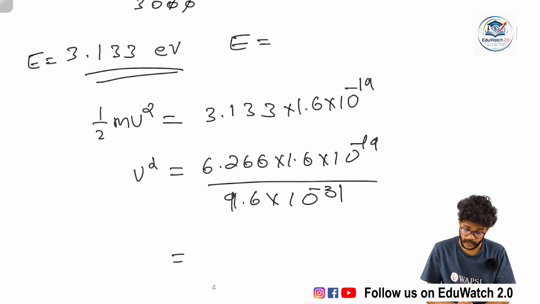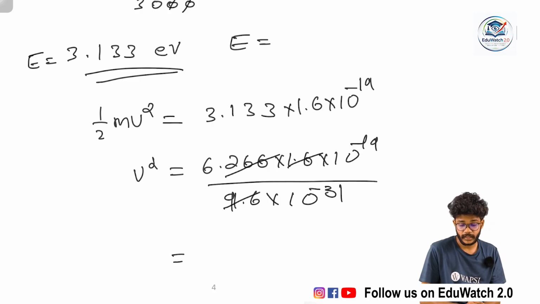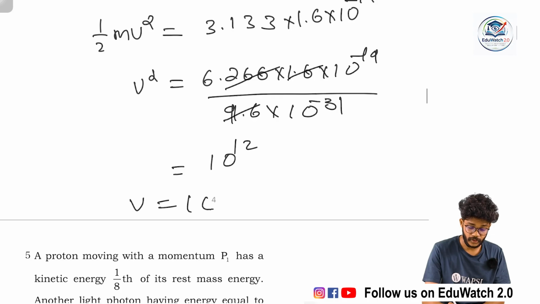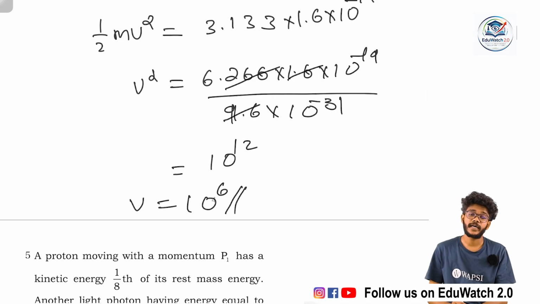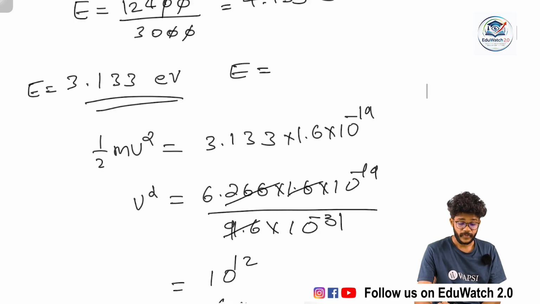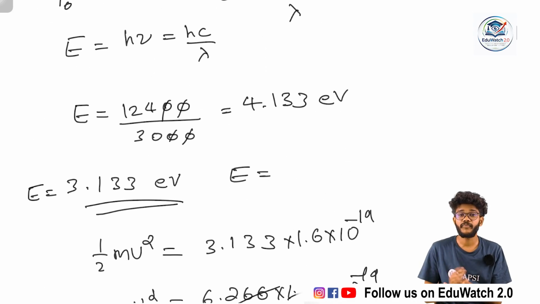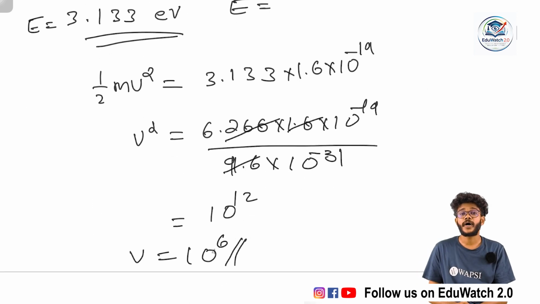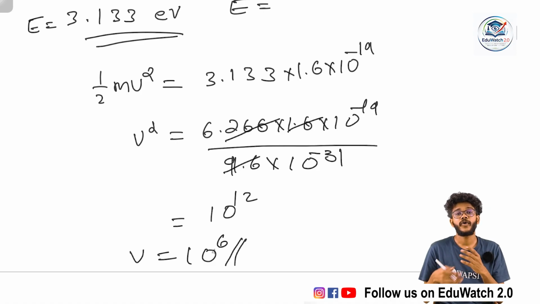Approximately this can be cancelled, and the powers of ten work out so that v is 10 raised to 6. Approximately we can say that the velocity is 10 raised to 6 because the energy is 3.133 electron volt. Multiplying by the charge of an electron gives the electron volt energy in joule, and that joule energy is equal to half mv square, the kinetic energy of the photoelectron.